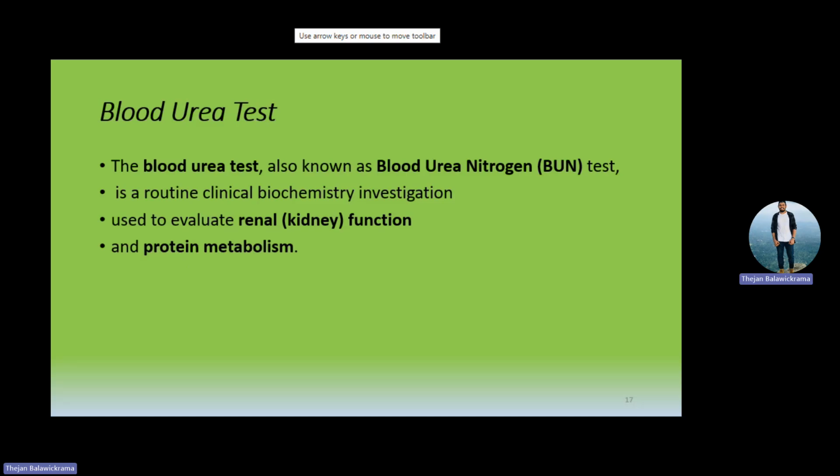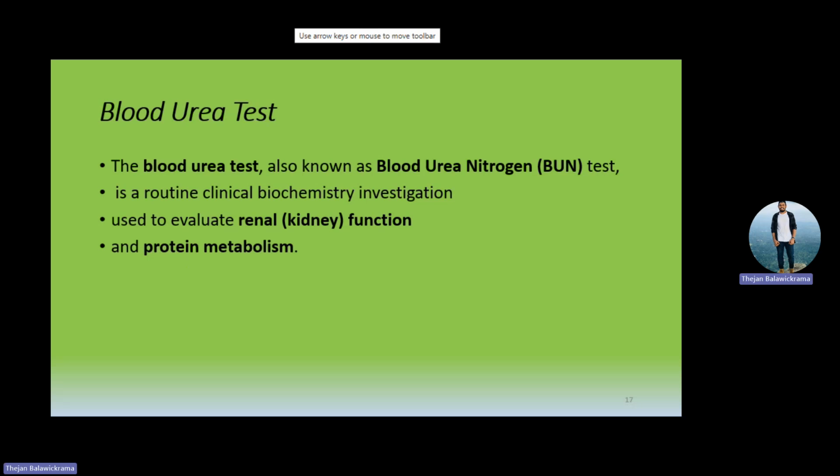So during the metabolism of protein, what is happening? Urea is going to be formed. Kidney is the one which attends to that. If the kidney is functioning properly, there won't be a high level of urea in the blood.